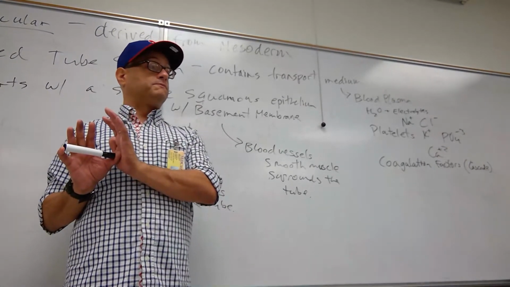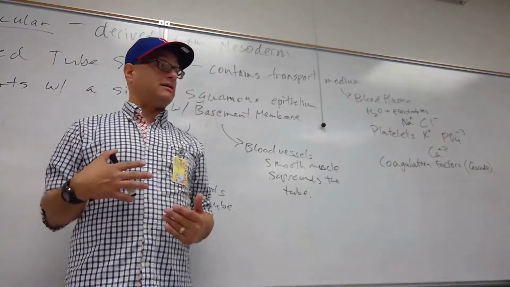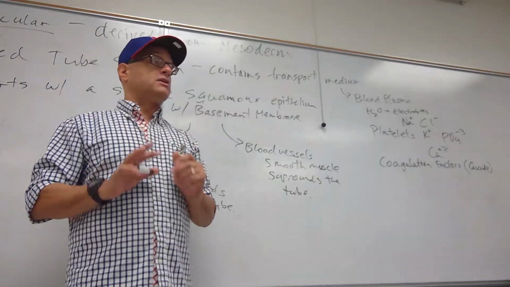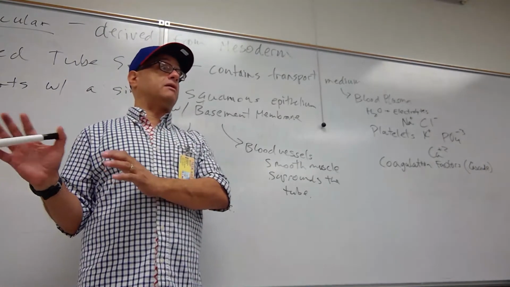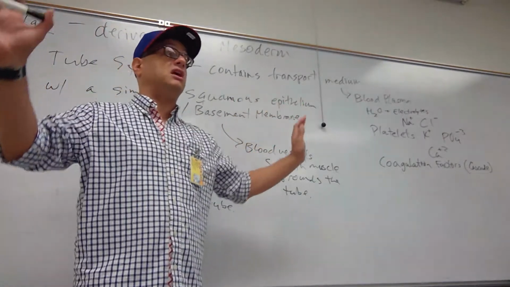And veins are bringing that deoxygenated blood back to the heart. But once it gets back to the heart, the right side heart is going to kick that deoxygenated blood out at a certain pressure to feed it to the lungs so the lungs can oxygenate it.